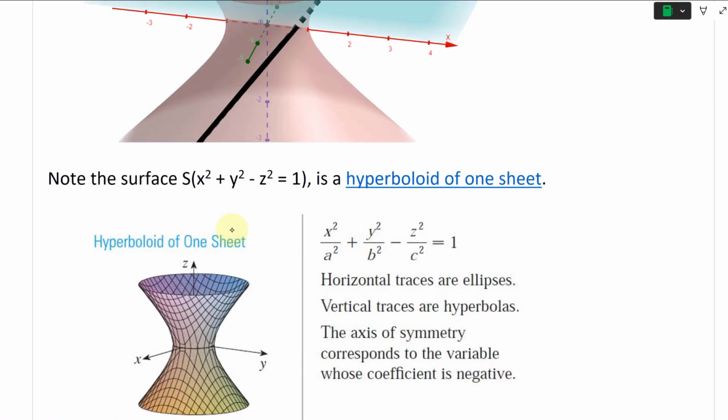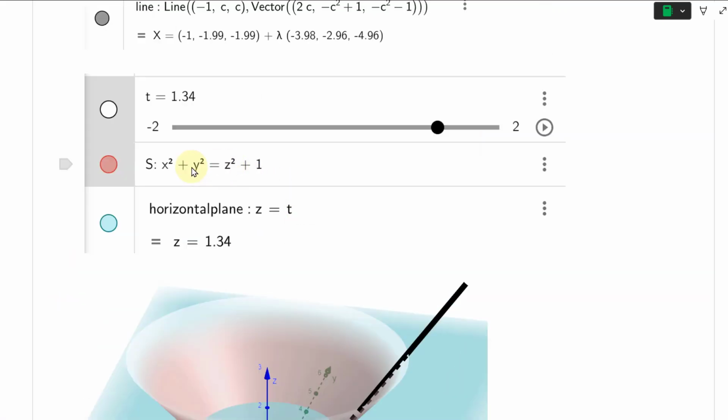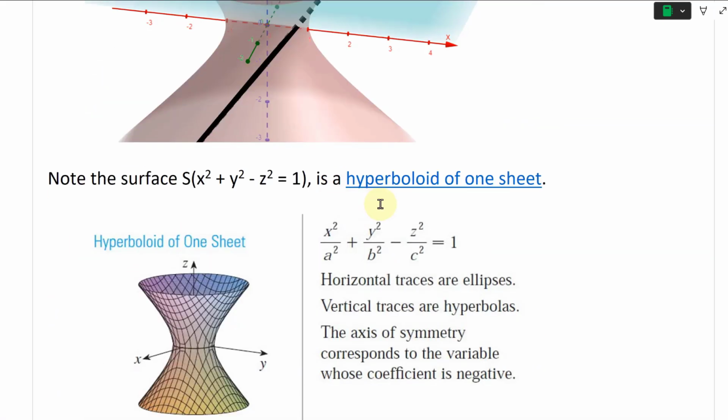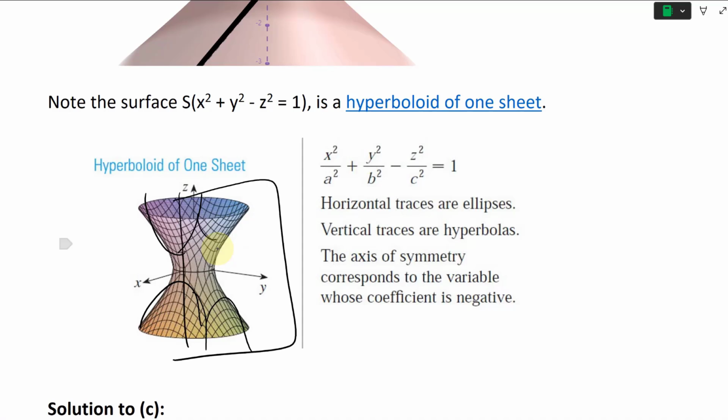Also note that the surface S, which is x squared plus y squared minus z squared equals 1, just moving this over to the other side, is a hyperboloid of one sheet. So it looks like this. Basically there are hyperbola cross sections, and even if you cut it along this plane, like here on the y plane, you're going to get another hyperbola like that as well.